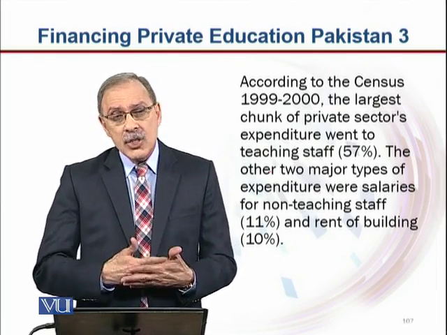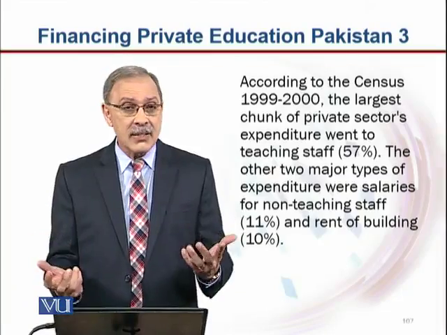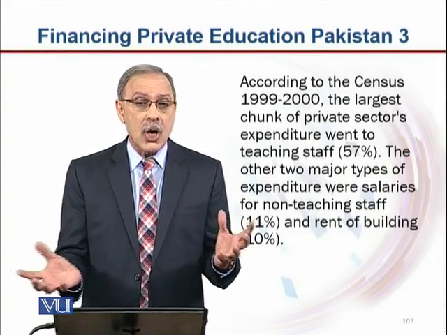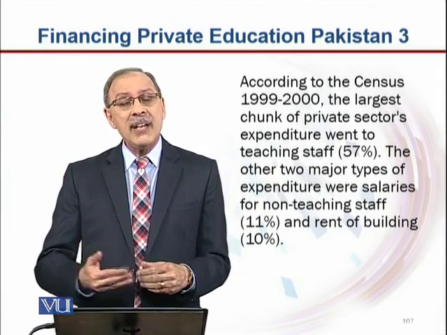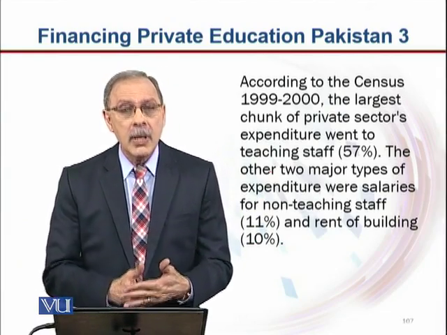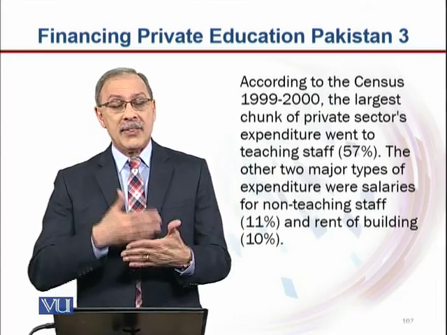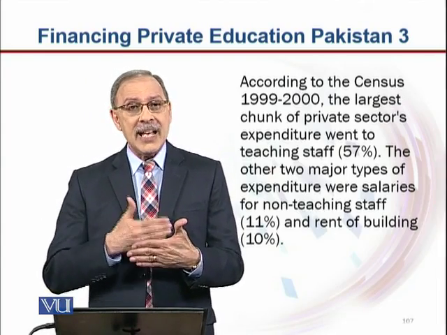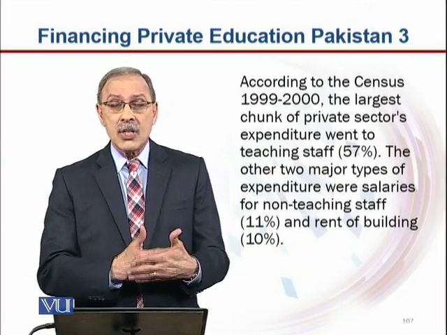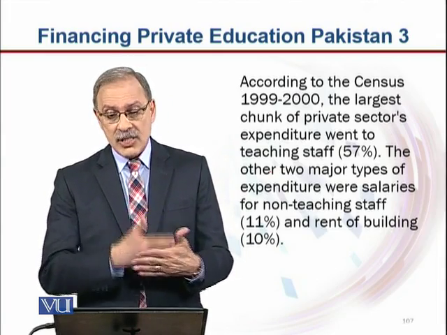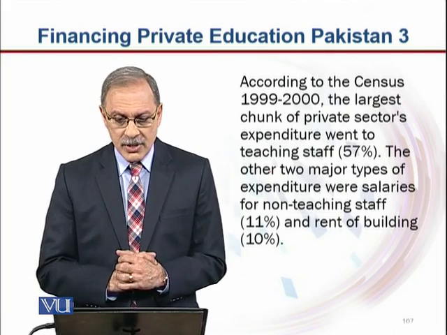Unless we pay teachers properly, decently, relatively based on their capabilities, qualifications, experience, and so on, why will they do a good job? Why will they make sure that they are providing quality and effective education to students? So 57% going to teacher salaries in 2000.